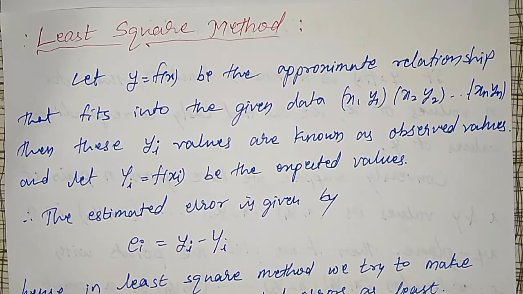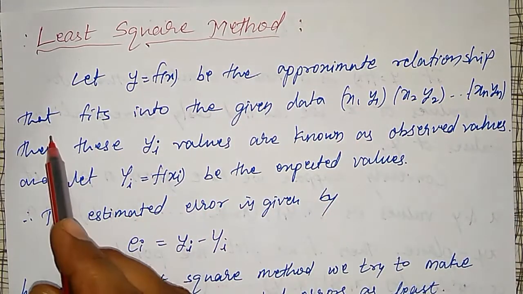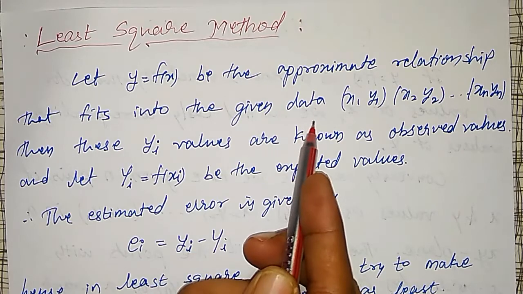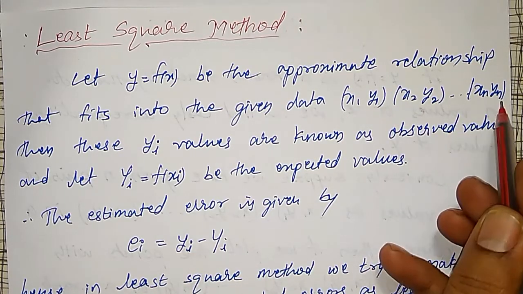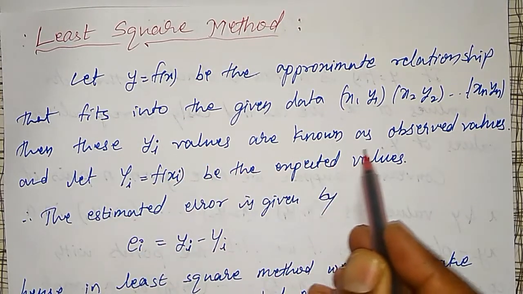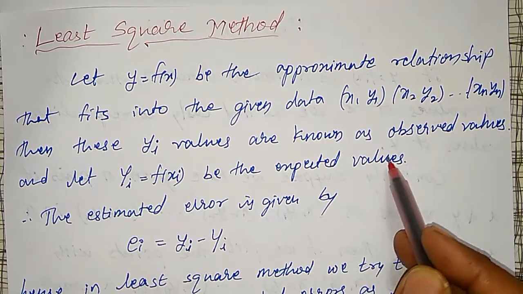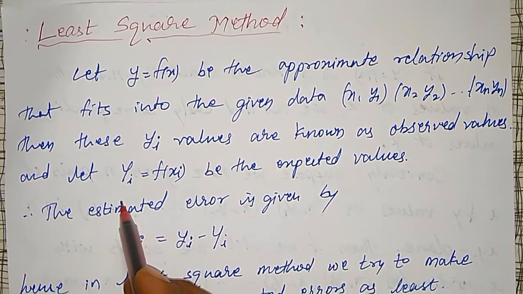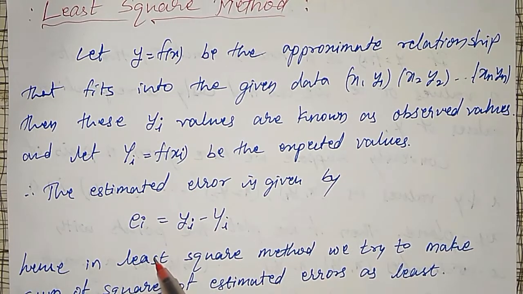The least square method is this: if y equal to f of x is the approximate relationship that fits a given data x1, y1, x2, y2 and so on up to xn, yn, then these yi values are known as the observed values. Let capital Yi equal to f of xi be the expected values.